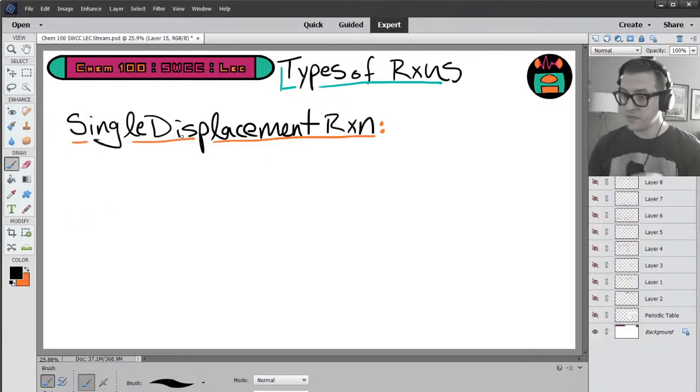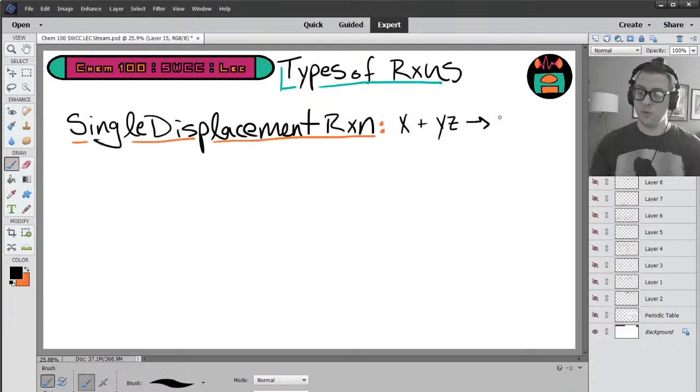So, starting off with a single displacement reaction. This is a reaction in which you start with some element, X, and then some compound with two, sometimes more, elements in it, Y and Z. The products of this are Y plus XZ.